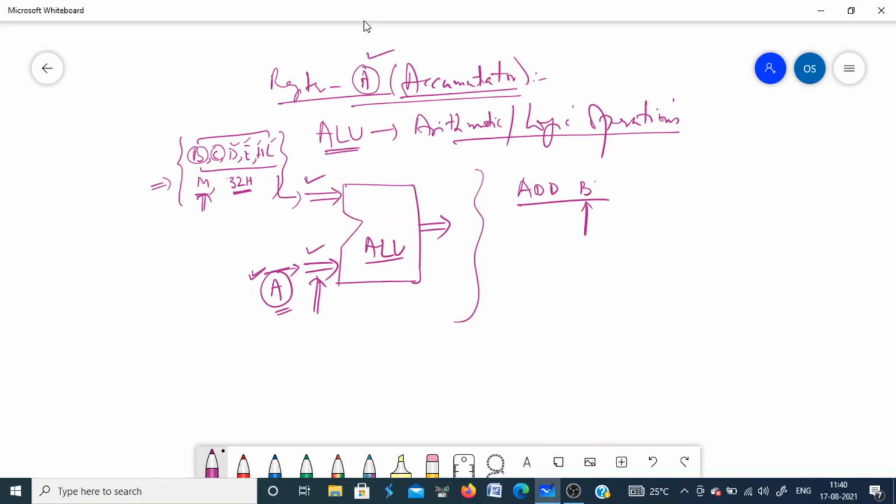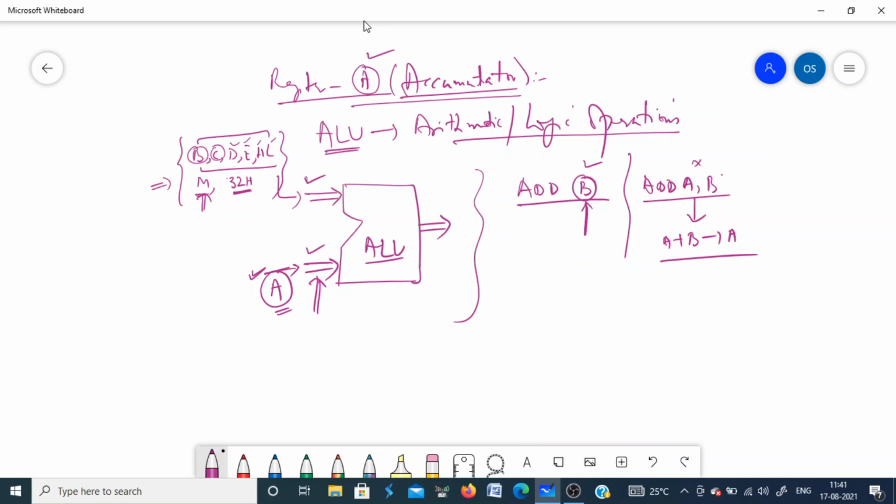We have not specified it because it is implicit. In an arithmetic operation you just specify one operand, B. The second operand has to be in A, so you need not specify ADD A comma B. You do not write the instruction like this. That is not the mnemonic.